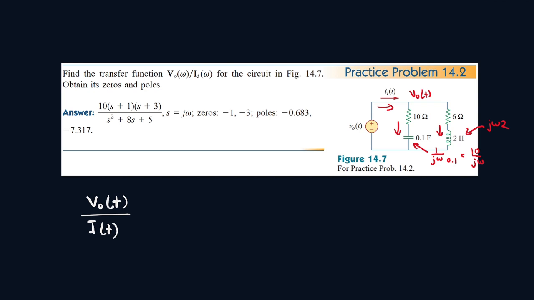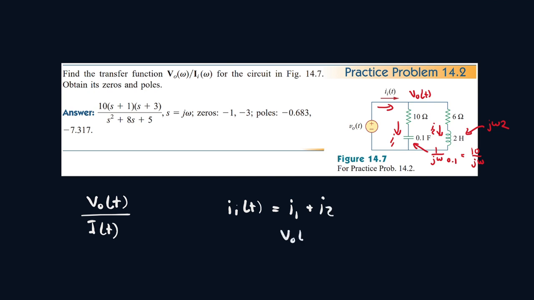So let's write the nodal equation. So we have I of t entering the node. Then we have, let's call this I1, I2. So I1 and I2, they're both leaving the node.